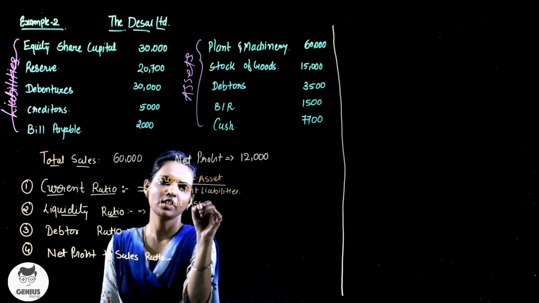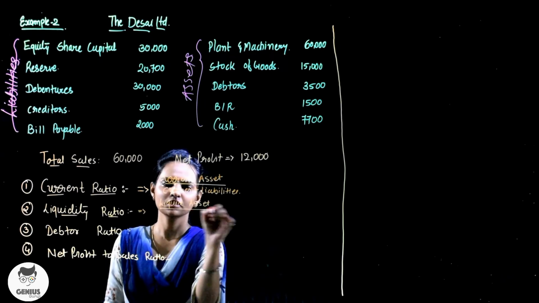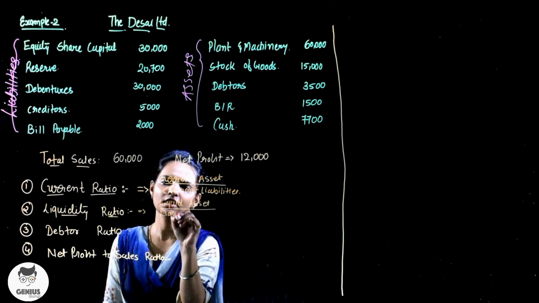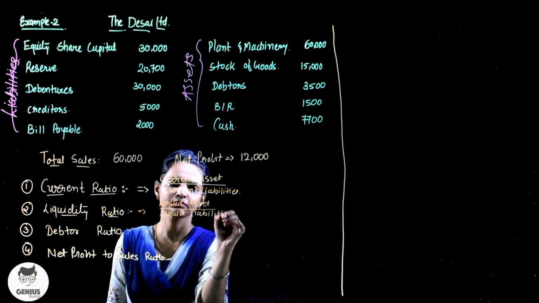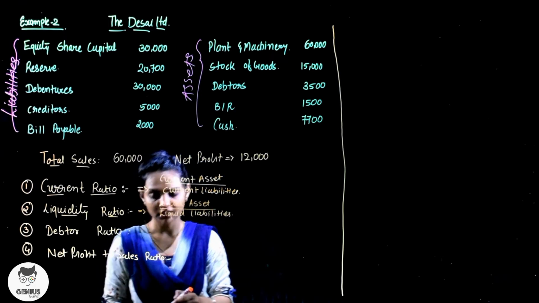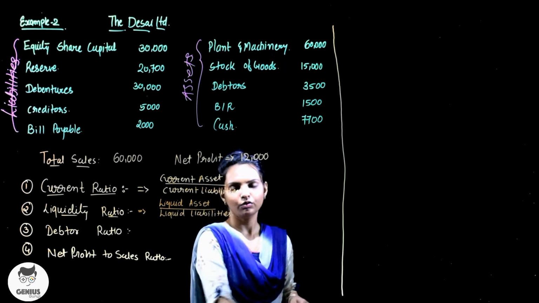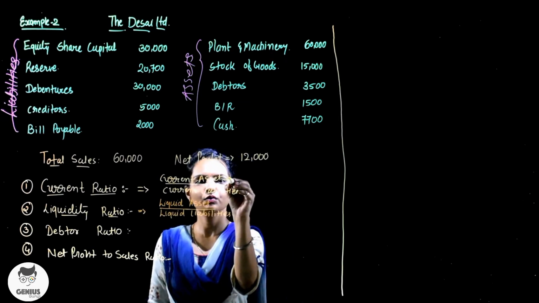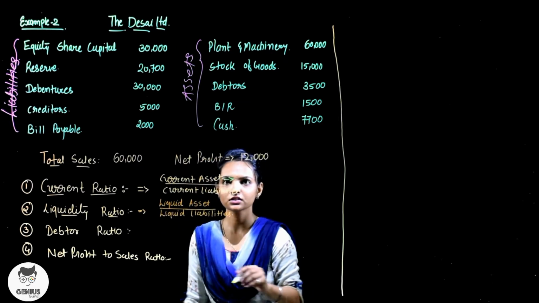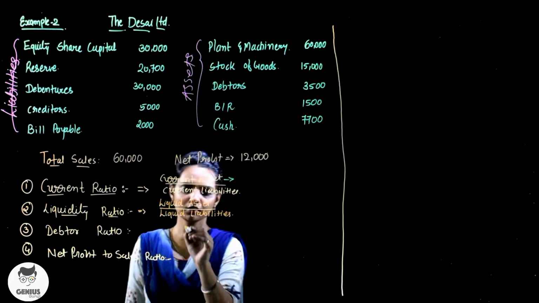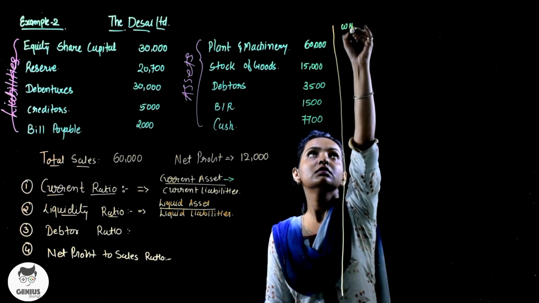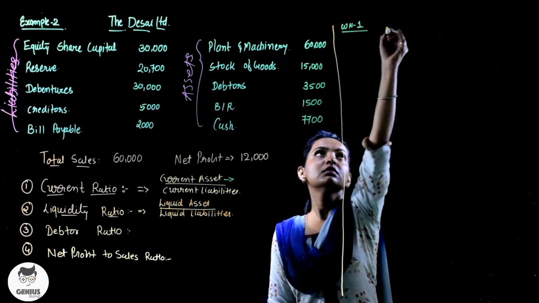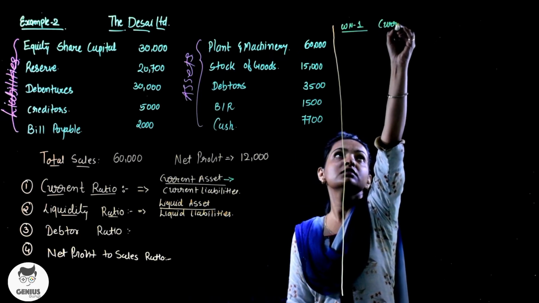So you have to calculate liquid assets and liquid liabilities. But for getting this amount, we have to make some notes. So our working note number 1: current assets.